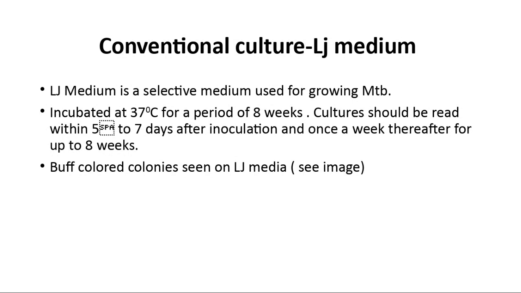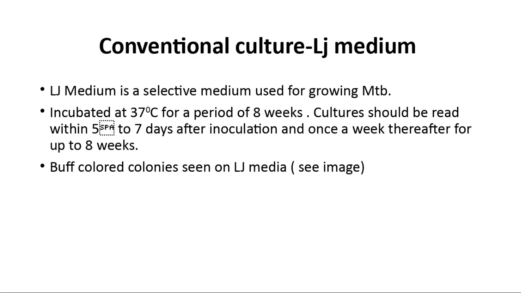This is a selective medium required for the growth of Mycobacterium tuberculosis. After inoculation it is incubated at 37 degrees centigrade for a period of 8 weeks. They are very slow growers, so it takes 8 weeks to grow. Why do we choose 37 degrees centigrade? Because it is the body temperature of human beings.